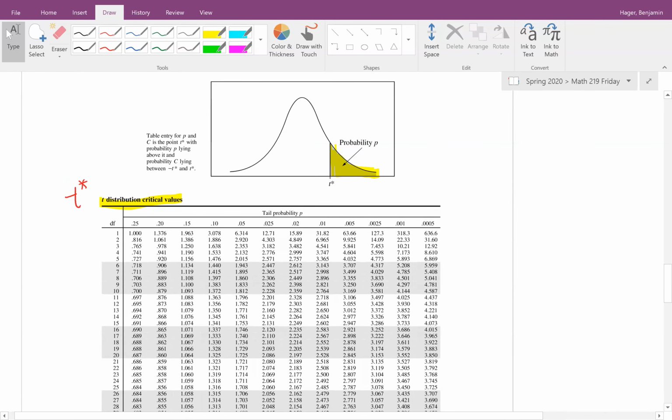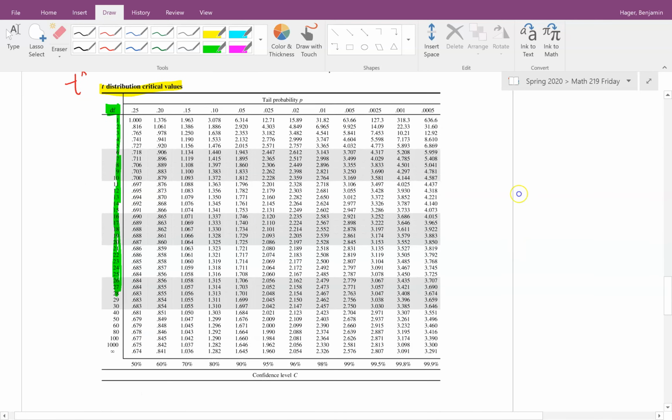The other thing that is a little different is with the z-scores, you have the z-scores on the edges and the probabilities in the middle, okay? The area under the curve in the middle. This is sort of the opposite of that. Down this column here, you have the degrees of freedom. So again, you got to first figure out the right place to go based on your degrees of freedom.